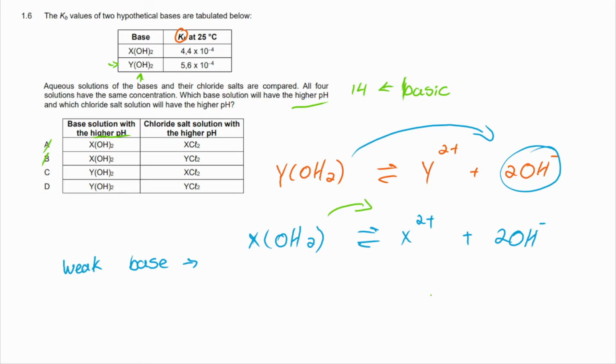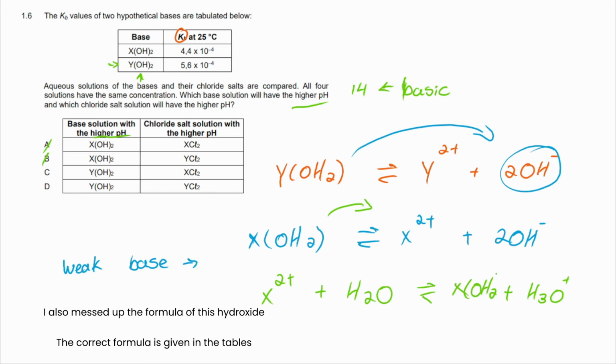But the reason that is important is if we look at the hydrolysis reaction, where we take this ion and react it with water. If we do this, we are going to produce hydronium ions. We know it's hydronium ions because this is positive, and we also form its base.